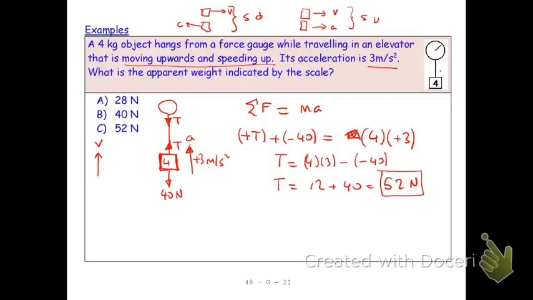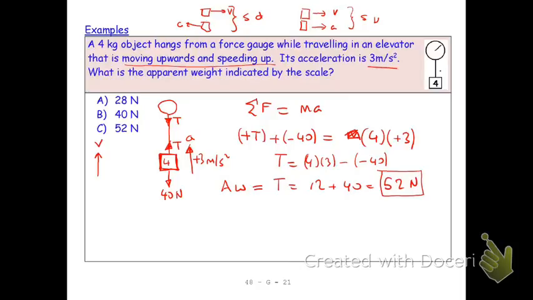So the conceptual bit is you have to know that your apparent weight is whatever your tension's reading. The apparent weight is equal to 52 newtons, more than it would be if you were coasting or if you were stationary.